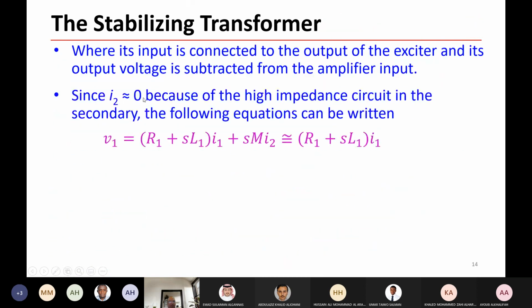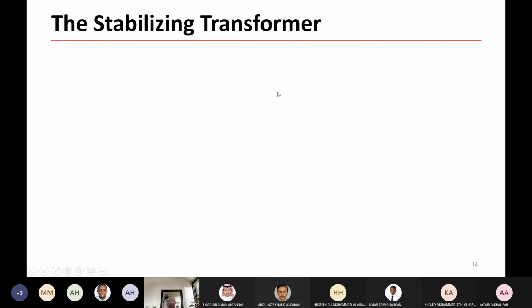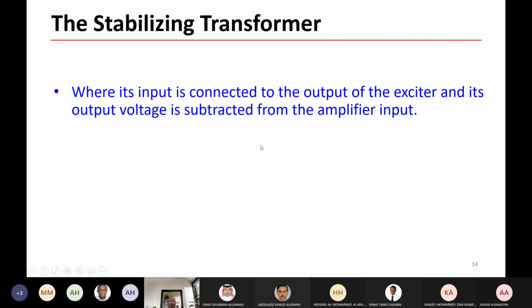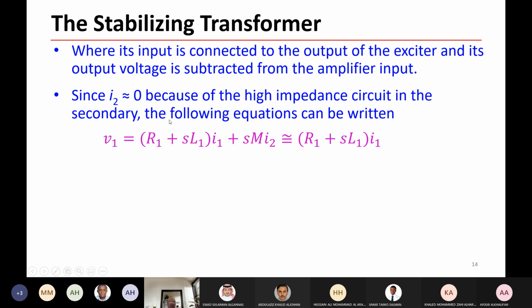Okay, so I2 is approximately equal to 0, and as we mentioned, the impedance here is very high, so the current is approximately 0. So we can write the KVL as V1 equal to (R1 plus sL1) times I1, plus the mutual inductance M di2/dt, or the current in the other circuit.